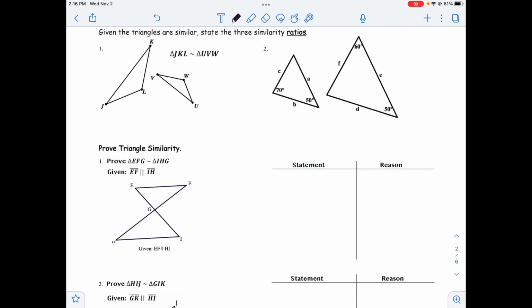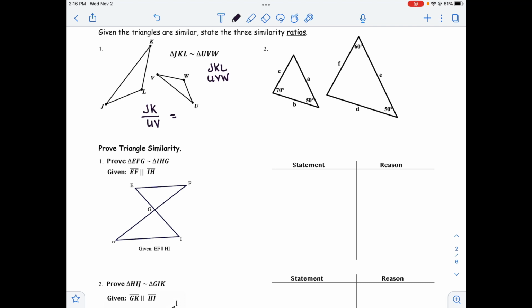We're told that these triangles are similar, and we're going to state the 3 similarity ratios. So we have JKL and UVW. I like to stack mine just to make sure that I keep things in the same line. So if I start with JK, it can be similar to what it's on top of, which is UV.